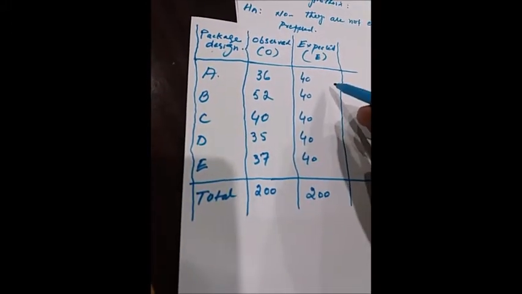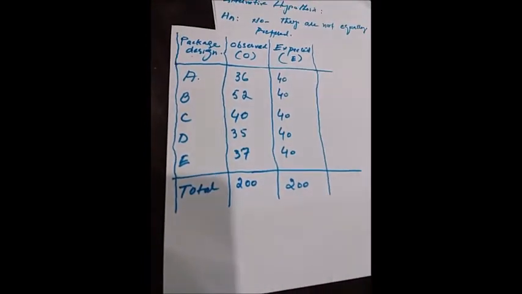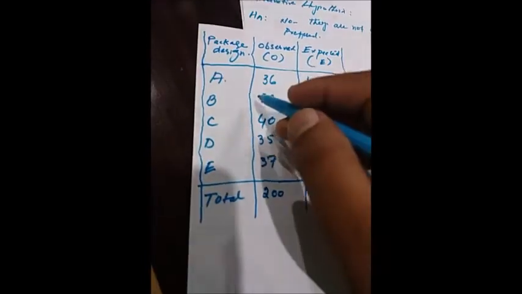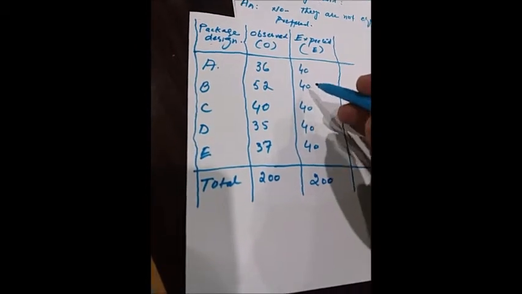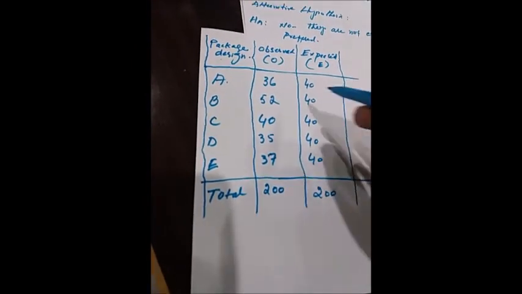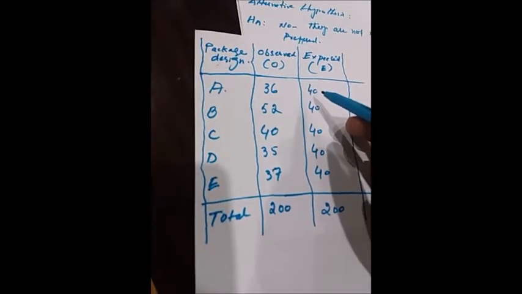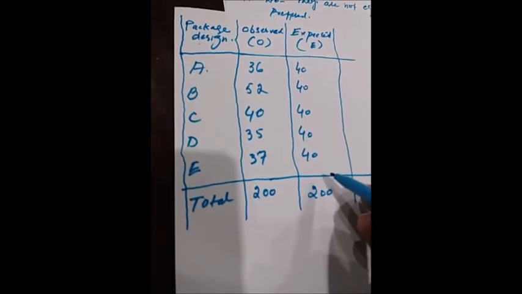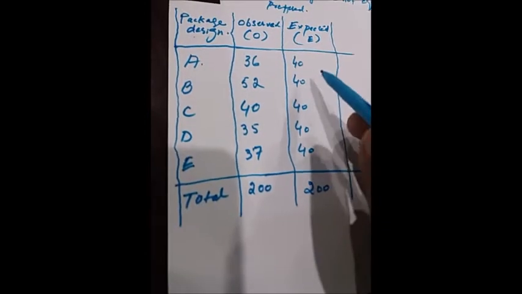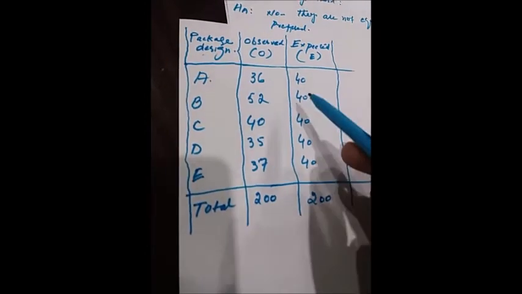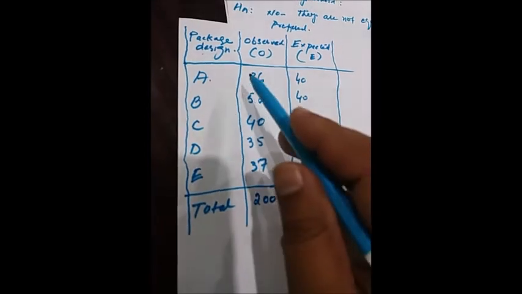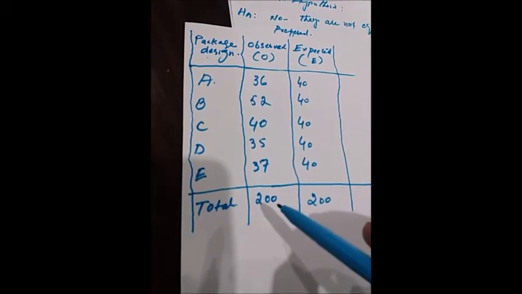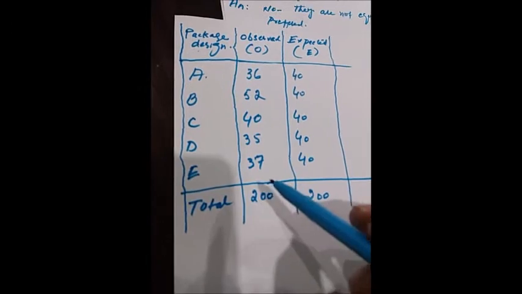Whereas the expected, predicted values were that all the package designs are equally preferred, meaning 40 consumers will prefer A, 40 B, 40 C, 40 D, 40 E, total 200 consumers. But despite that, we obtained these figures after the research.